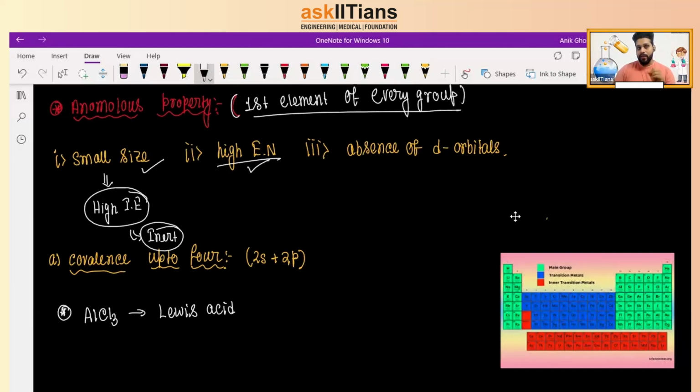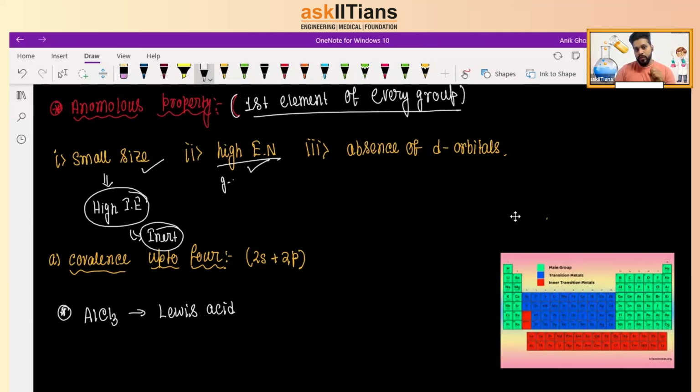And there is another thing about electronegativity, guys. High electronegativity can affect a lot of things in physical properties. For example, if you notice in group 15, group 16, and group 17, nitrogen, oxygen, and fluorine is what I'm talking about right now. They are the first elements of the groups, correct?